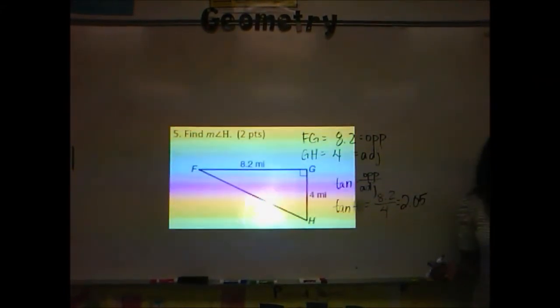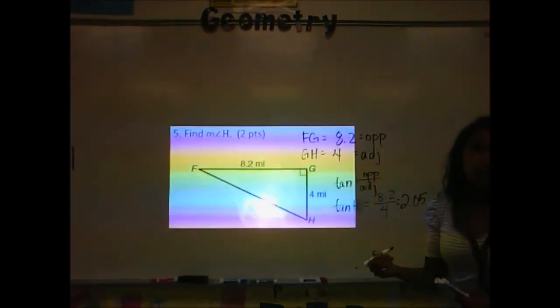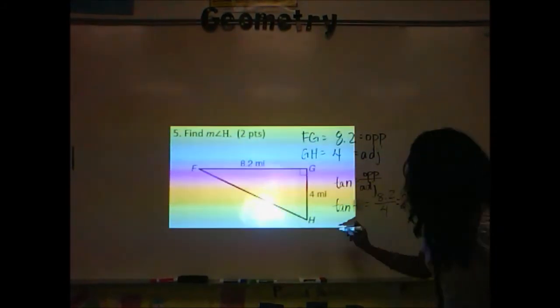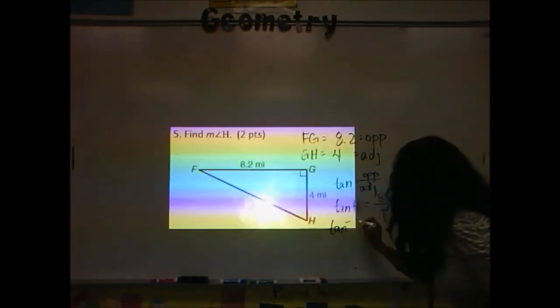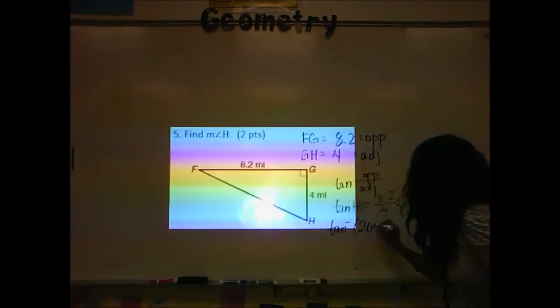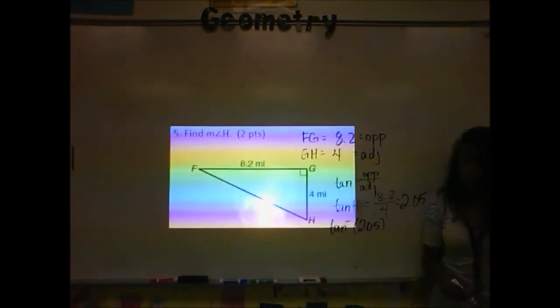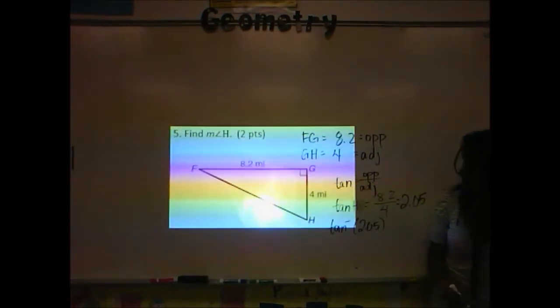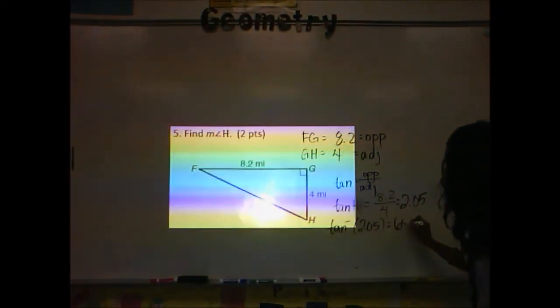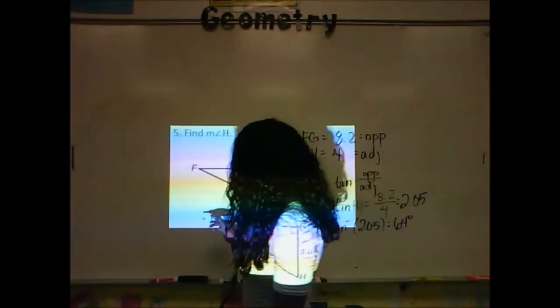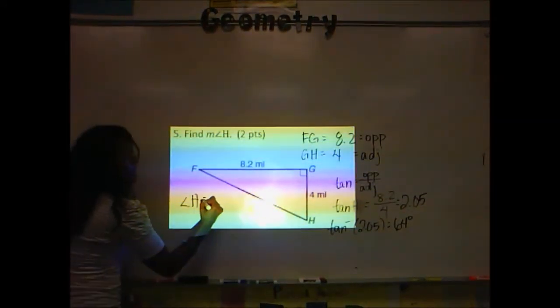Now we're looking for an angle, so are we going to use the tan or inverse tan? Inverse tan of 2.05. Which angle do you get? 64 degrees. So angle H is equal to 64 degrees.